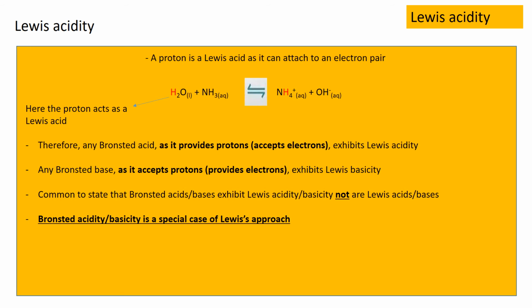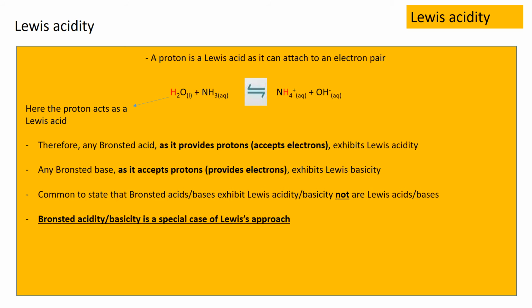Now let's go back to our example of ammonia. Here, the proton acts as a Lewis acid, because it accepts an electron pair.